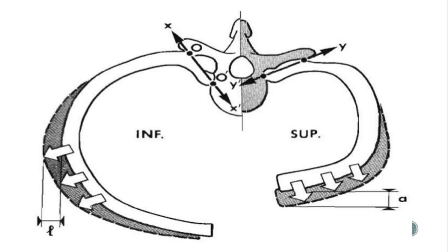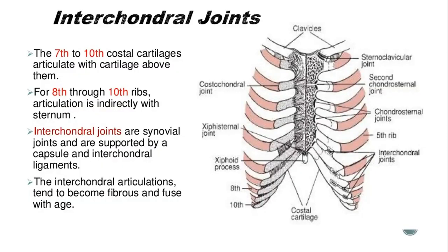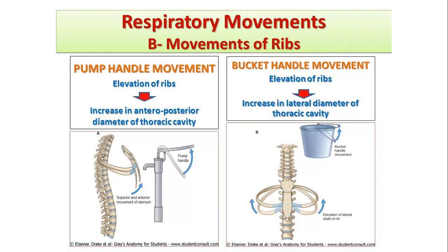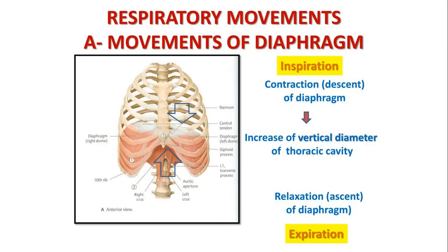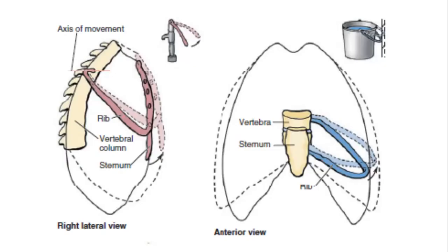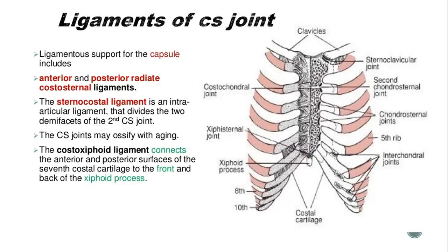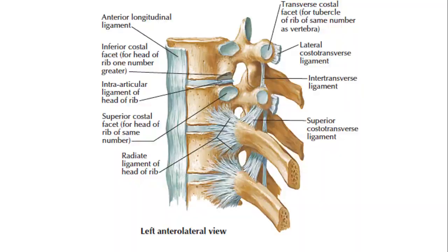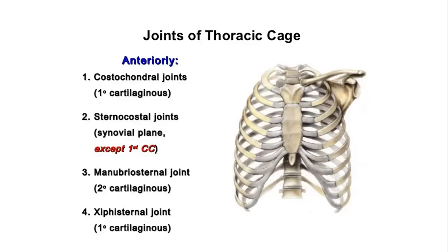To understand the movement at the joint, we have to understand the axis of movement, which we will discuss. Then we will be able to understand the respiratory movement of the ribs. So inshallah we will discuss it in the next lecture.